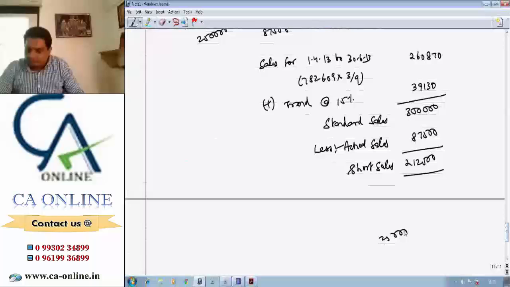2 lakh 50,000 minus 15%. That is not for 14 to 36.